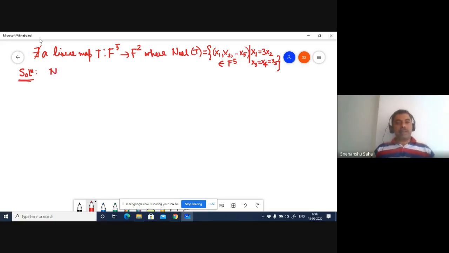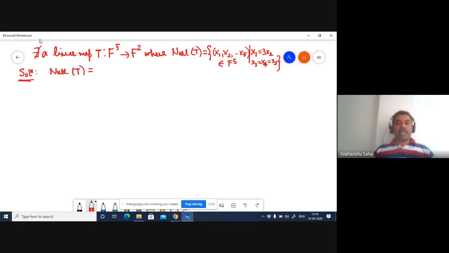So, the way the null of P is given, this could be any transformation. When I write T goes from one vector space to another vector space, unless I mention it specifically, do not assume that the transformation is linear. It has to be specified. Okay.